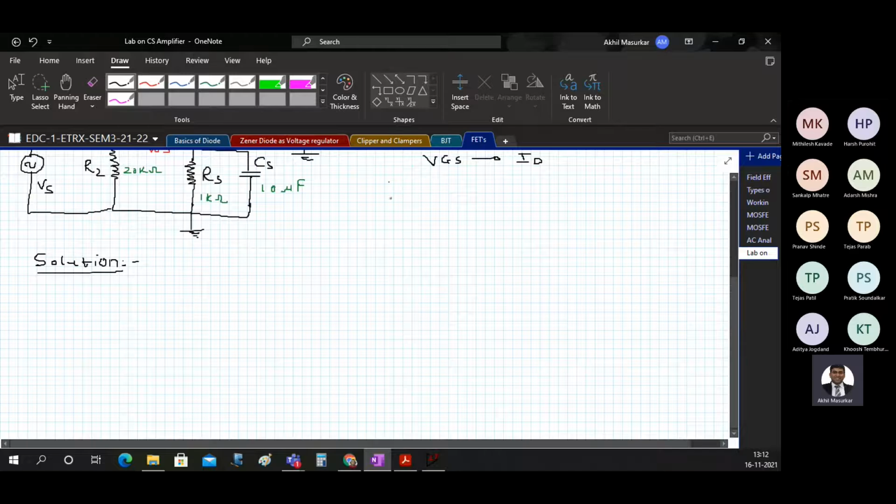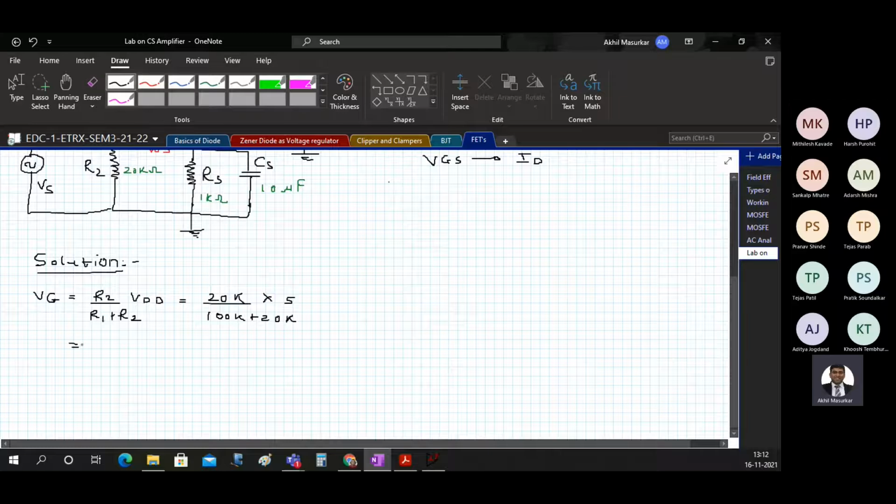So first thing is we have to calculate VGS. VGS is VG minus VS, and VG would be R2 upon R1 plus R2 into VDD, that is going to be 20k upon 100k plus 20k into 5.